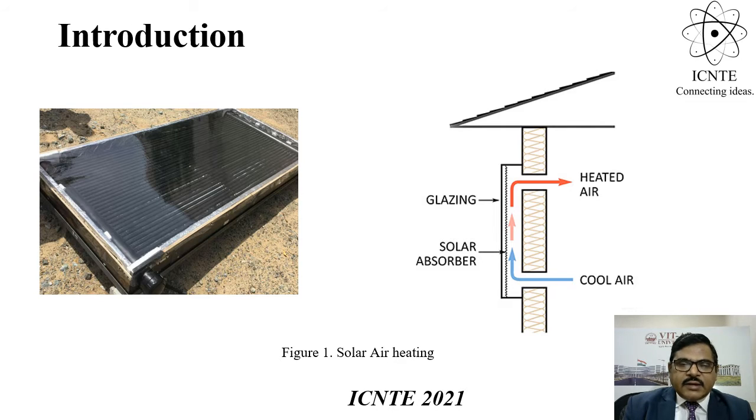One of the applications is shown here on the right-hand side. You can see the cool air comes from the room and gets into the air heater, and then afterwards it will be heated and the hot air will go to the room. One of the applications is room heating. Therefore, I am showing this example.